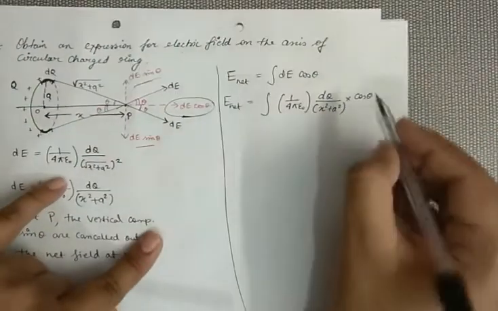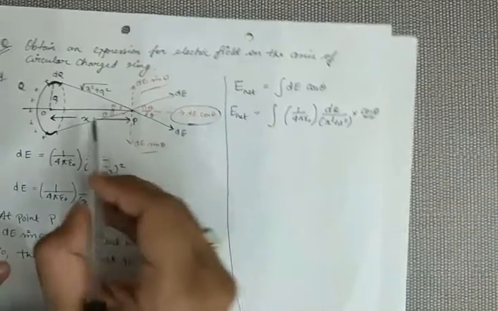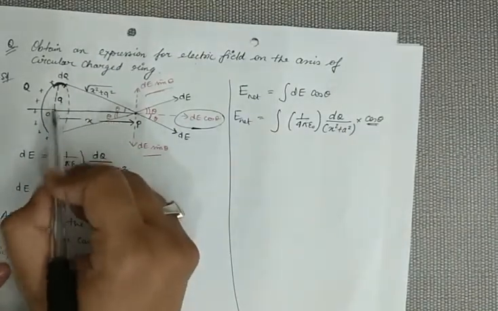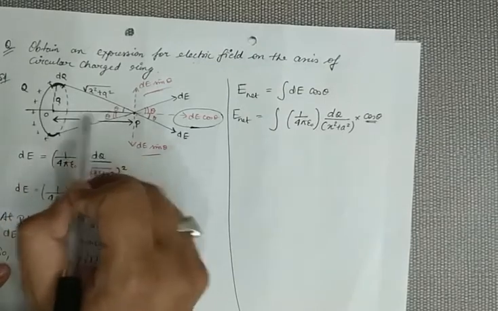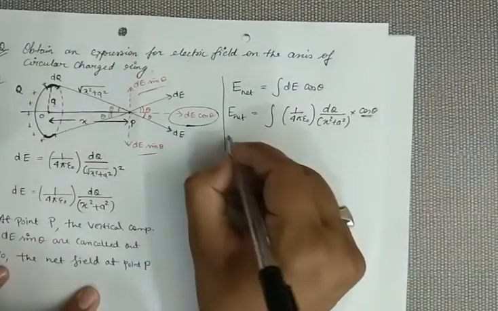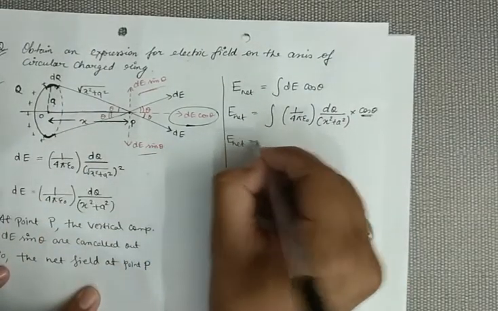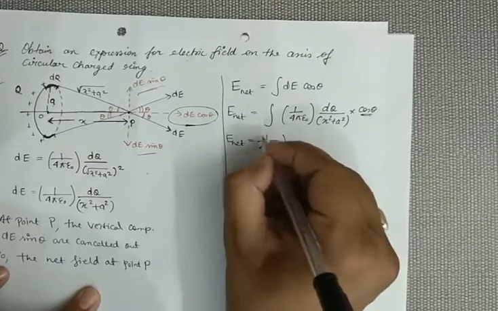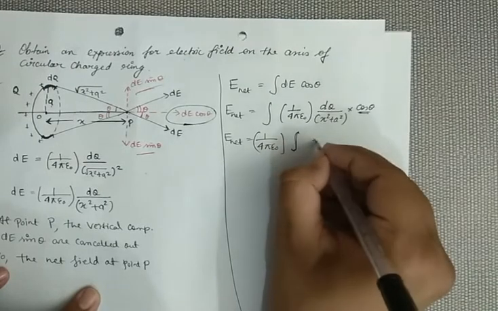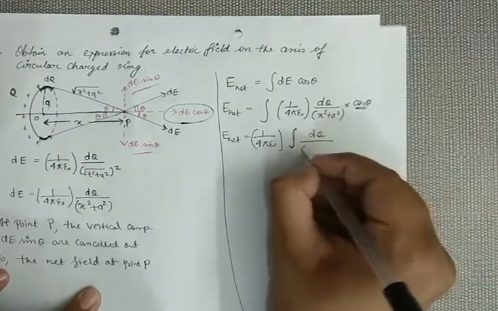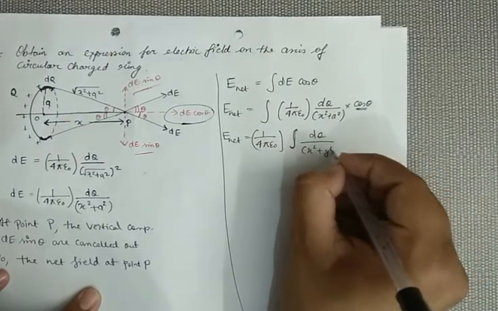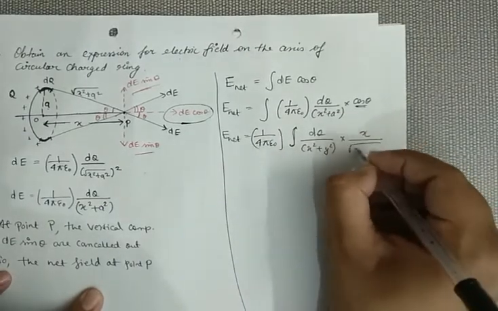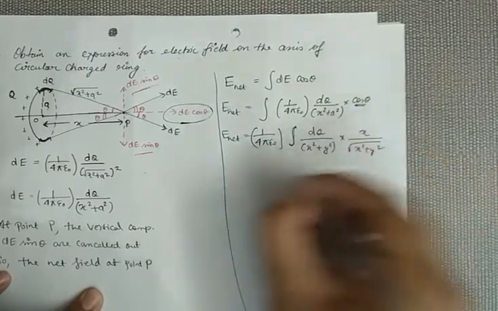Now using the value of cos theta from this triangle, where this is theta, this is base, this is perpendicular, and this is hypotenuse, cos theta is base upon hypotenuse. So the integral of dq upon x square plus a square, and using the value of cos theta, that is base upon hypotenuse, is x upon root x square plus a square.